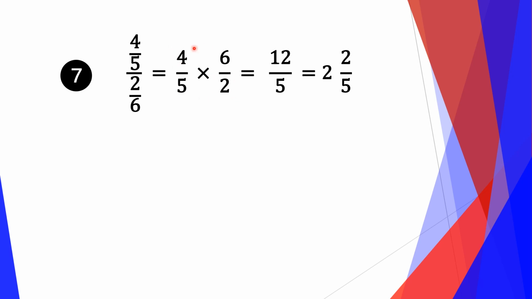Now, in this multiplication, we can cancel 2 and 4. So 2 goes into 2 once, and 4 goes into 2 times. So we times our numerators first. 2 times 6 is 12, and 5 times 1 is 5. This is an improper fraction now. We want to write it down as a mixed fraction, so our solution is 2 and 2/5.